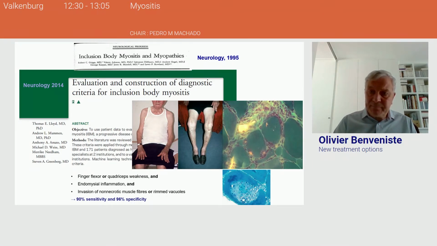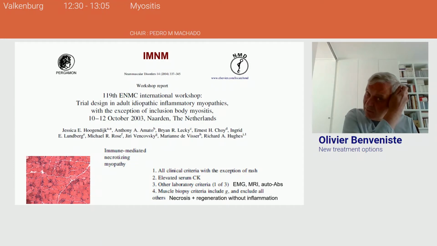And more recently came a fourth subgroup of patients called the immune-mediated necrotizing myopathies, described for the first time during this ENMC workshop. We will come back to that later on.